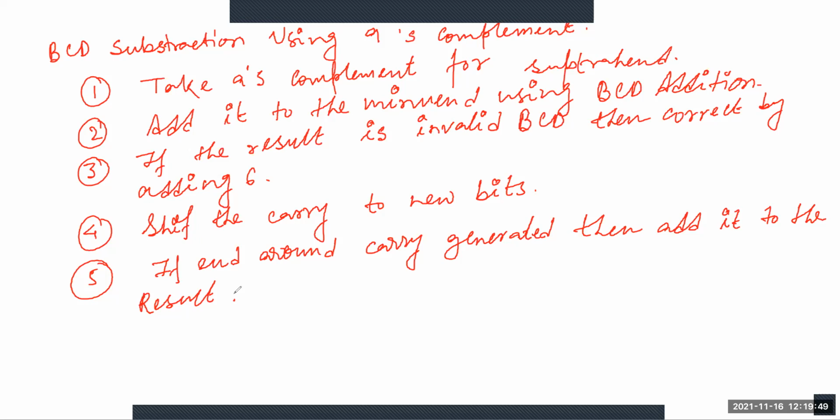So these are the 5 steps to do BCD subtraction using 9's complement. First, take the 9's complement of the subtrahend. Second, add it to the minuend using BCD addition. Third, if the result is invalid BCD, correct it by adding 6. Fourth, shift the carry to new bits. And fifth, if an end-around carry is generated, add it to the result.